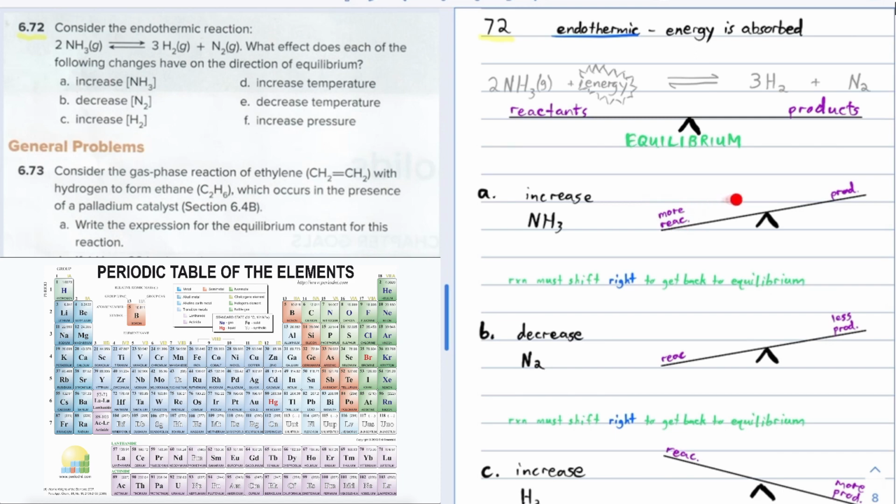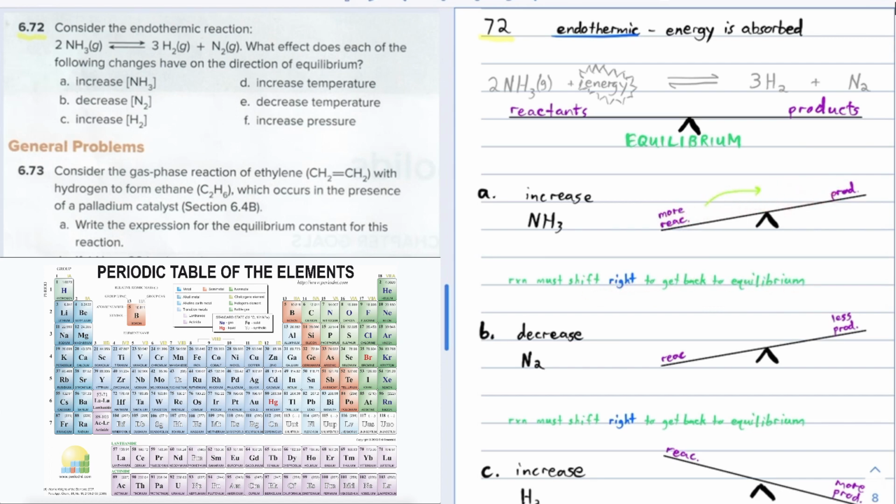To get back to equilibrium, you need to get rid of the reactant and form more product. How about green? So there's too much reactant. You need to lose some of it and form more product. So in this case, the reaction must shift to the right to get back to equilibrium. You take some of the reactant material and use it to form more product. That'll put it back in balance.